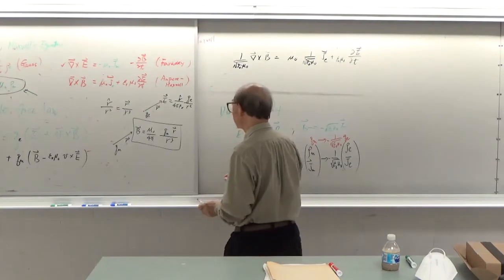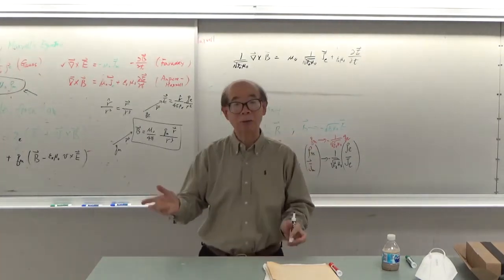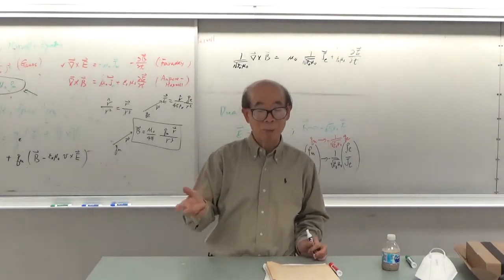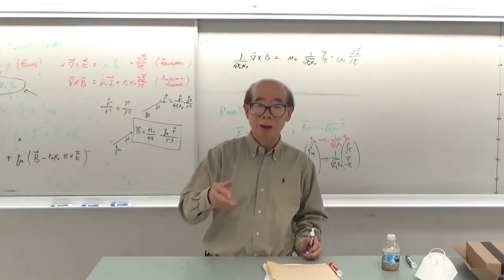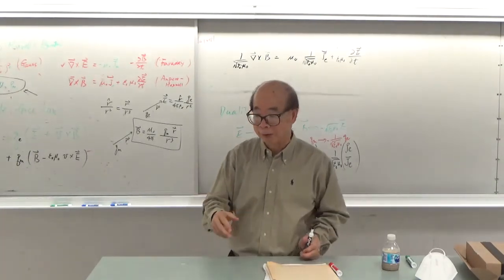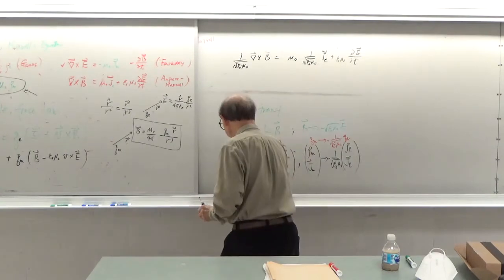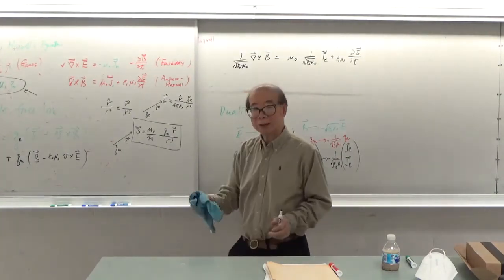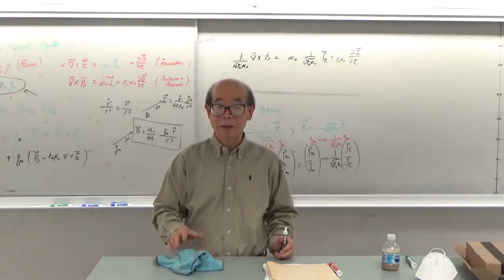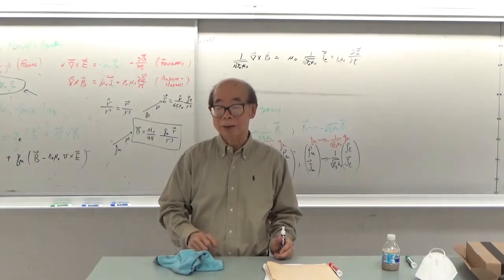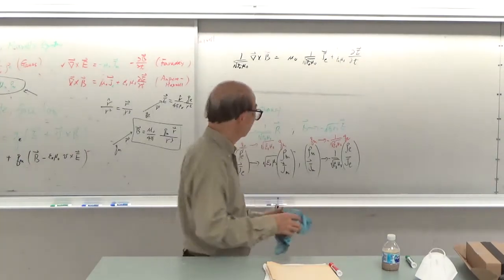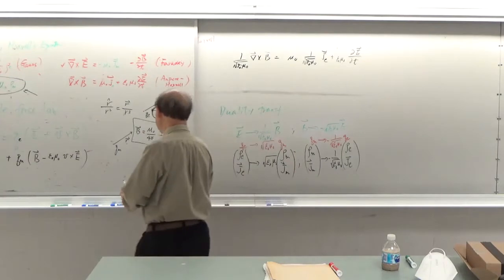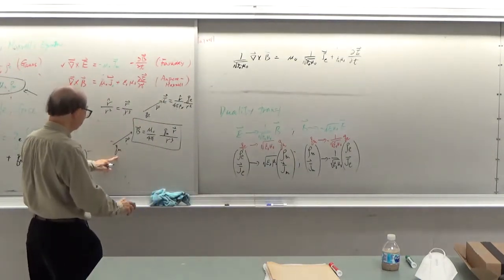And what I'm going to tell you was originally due to Paul Dirac of the Dirac delta function fame. So Dirac said, let's assume that in fact there's a magnetic monopole. Let's put it at the origin of the coordinate system.